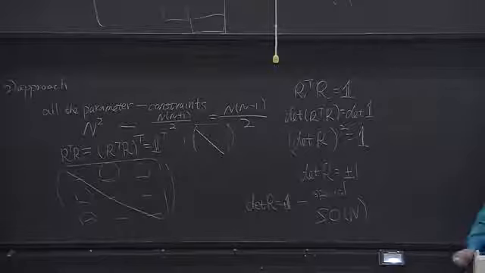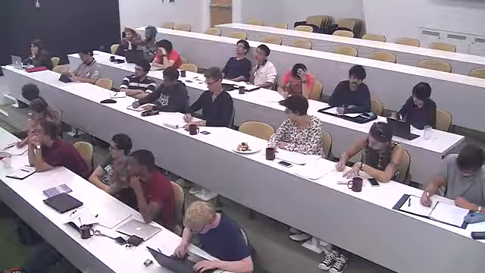Question? I think you might be skipping a step in the parameter counting there, because that transpose thing just says that the orthogonal group is closed under transpose. It doesn't give you any relationship between the matrix and its transpose. So I think you're counting the parameters in the Lie algebra there, which has the same dimension, right?